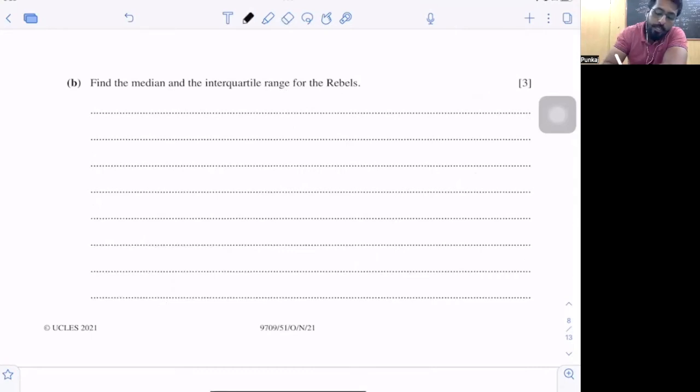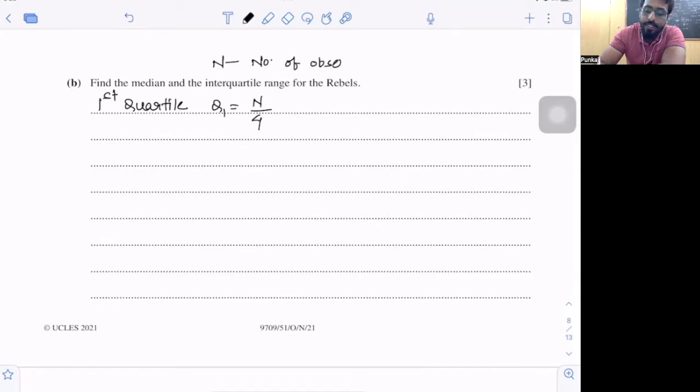To get the median, I'll begin with the first quartile, the second quartile, and the third quartile. The second quartile is your median. The first quartile, Q1, is given by n over 4, where n is the number of observations.